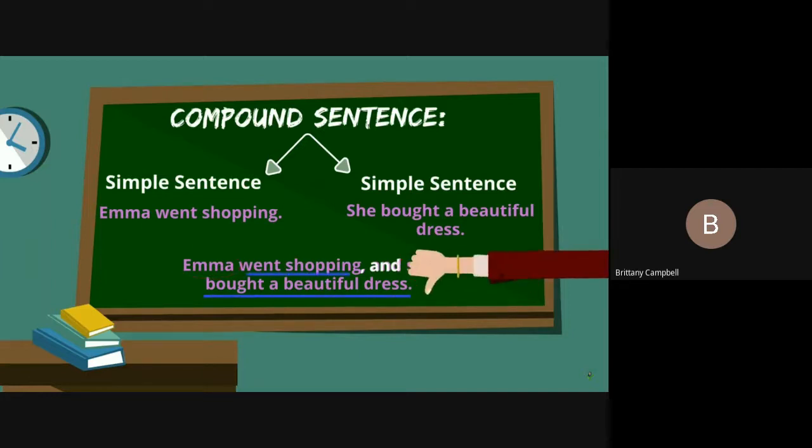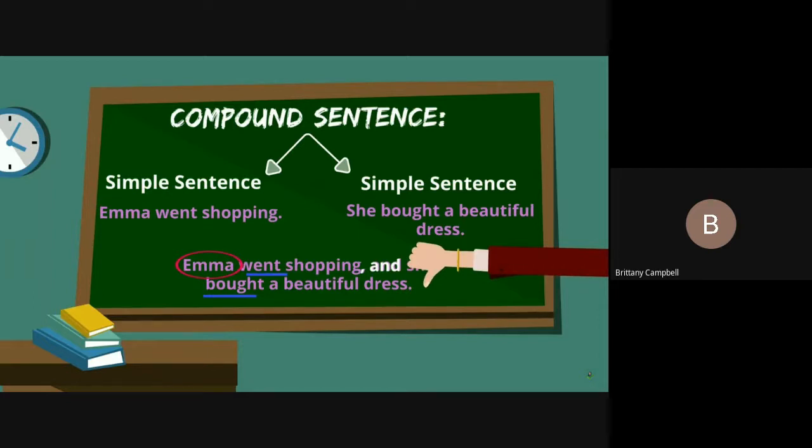If you say, Emma went shopping and bought a beautiful dress, you cannot add a comma before the connecting word and because there's only one subject here, Emma, and the predicate is went shopping and bought a beautiful dress. This is typically a compound predicate, went and bought. The sentence cannot be divided into two sentences.